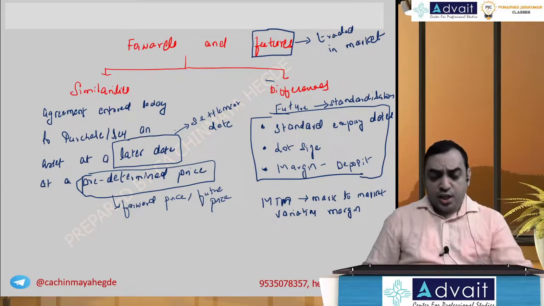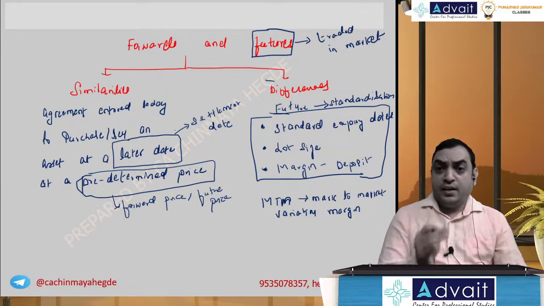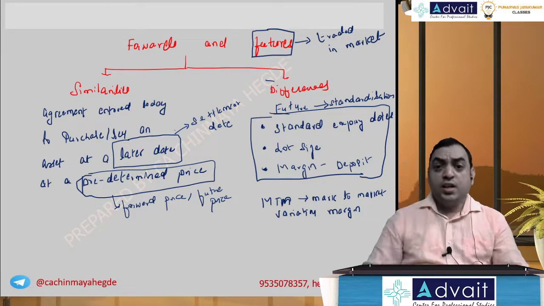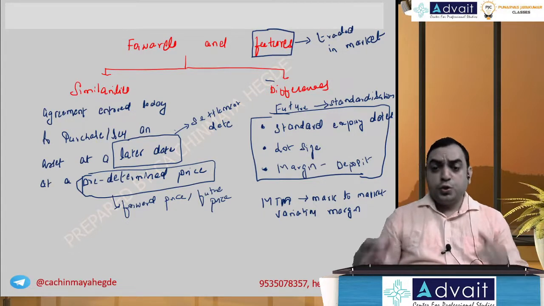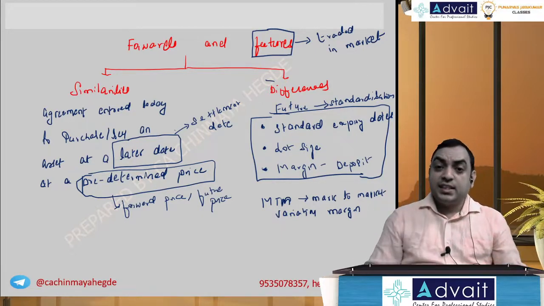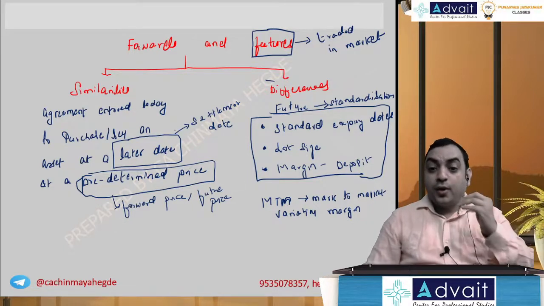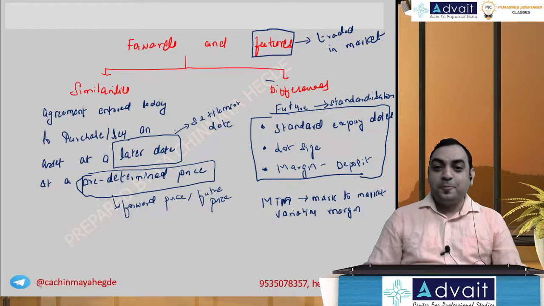Now, you see, today we are on 3rd of December and the settlement date is 30th of December. So if I enter a contract today, when am I going to exit? I will exit on 30th of December only, the expiry date, settlement date. But you know the beauty of MTM?